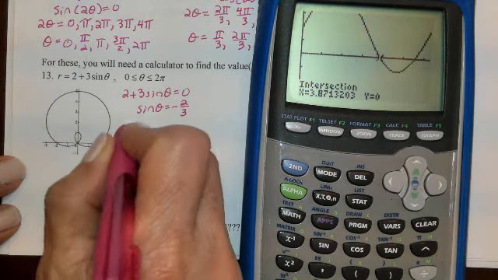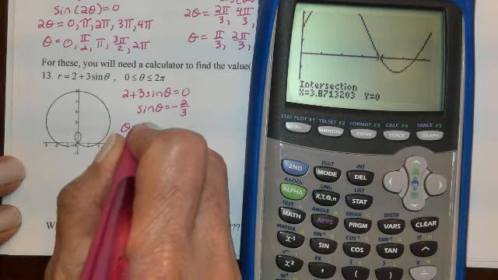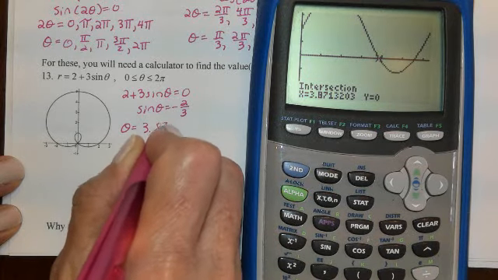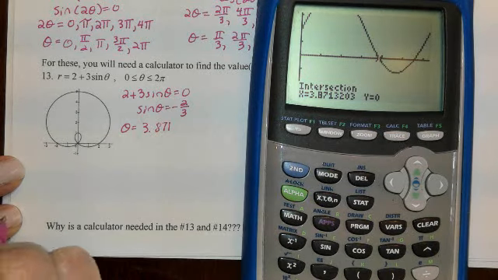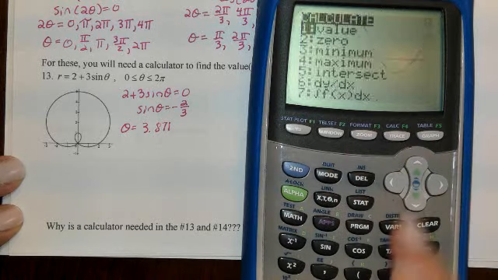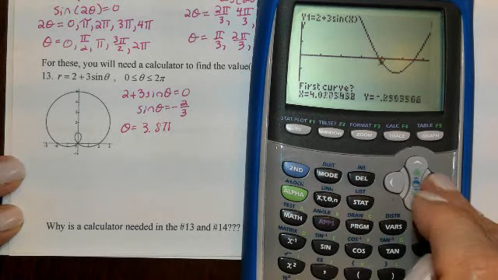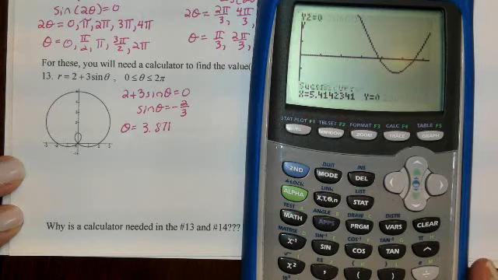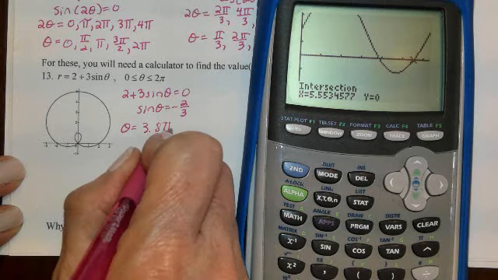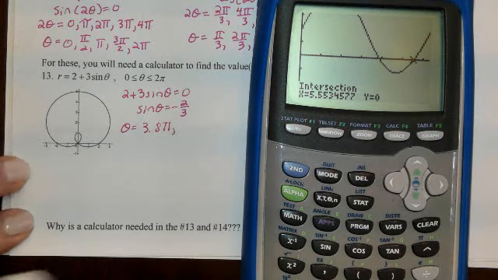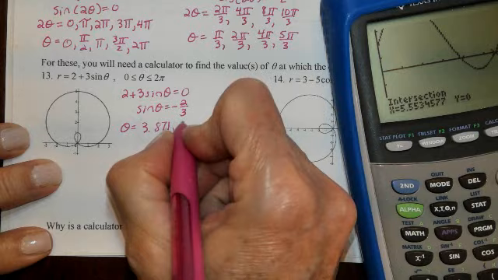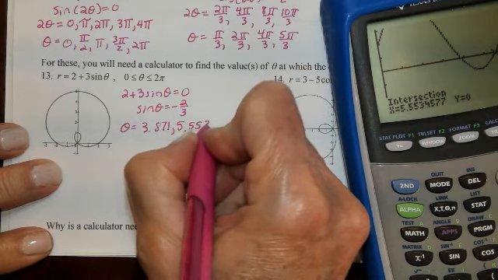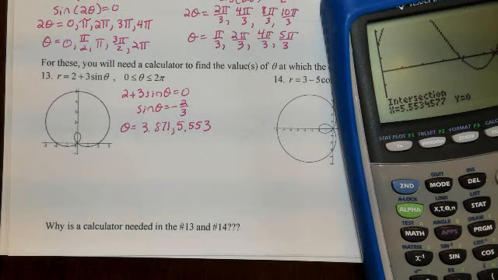And this will give us our first theta value. Okay, our second theta value is 5.553. That's how I would do that one.